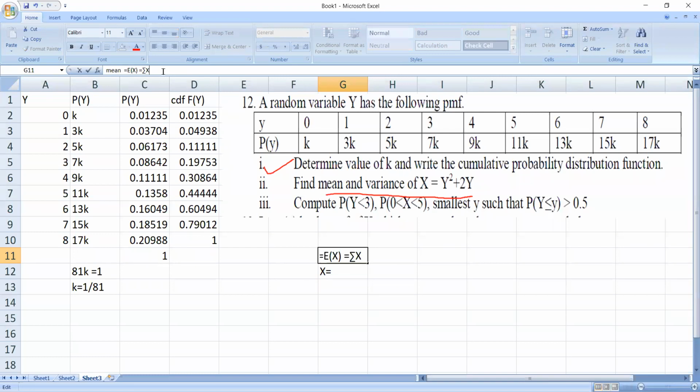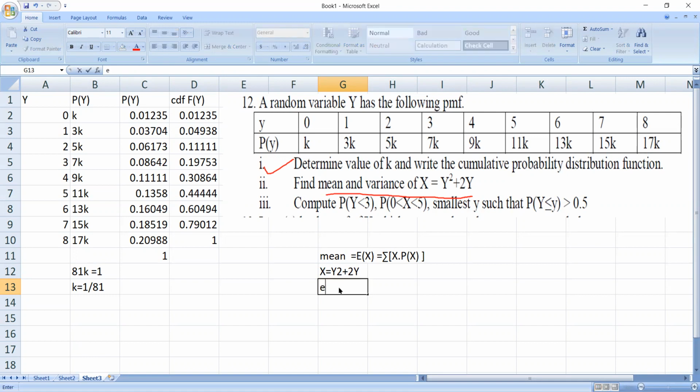So this is sigma x into px. Okay, but here x is nothing but y square plus 2y. So when I apply this, e of x will be equal to actually e of y square plus 2y.